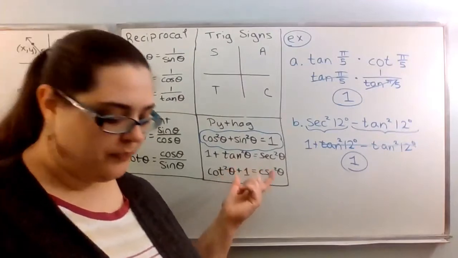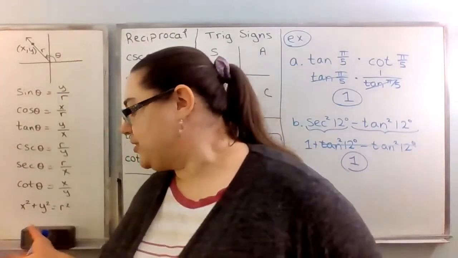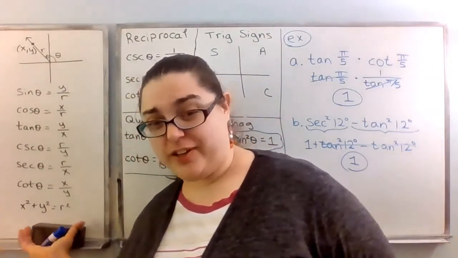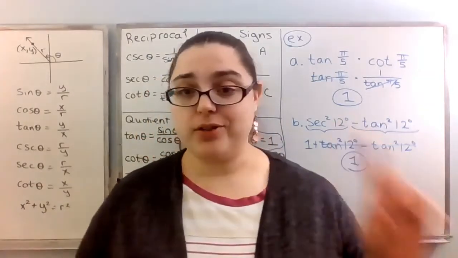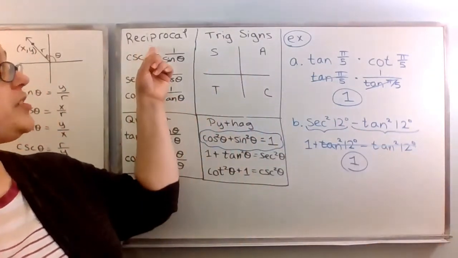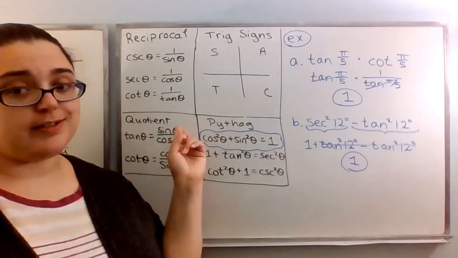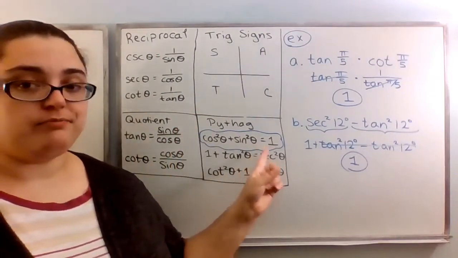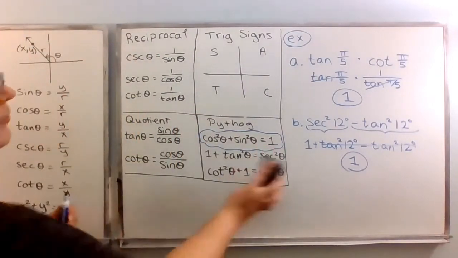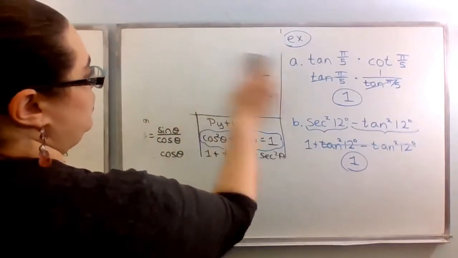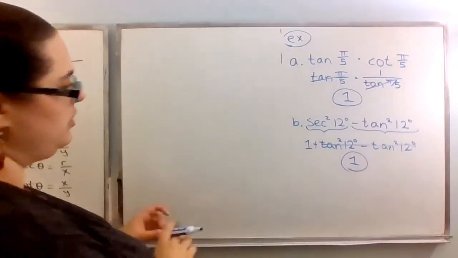That's how we can figure that one out the easy way, if you know this identity. But if you, like me, don't have a lot of memorization space and you forget that identity, but you remember your reciprocal and your quotient identities, and this big one here, here's how you can get through it.